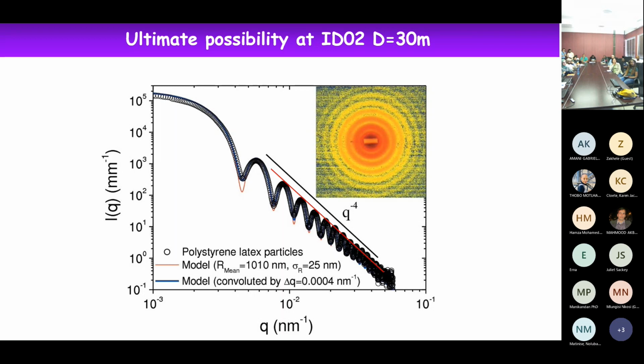And those fringes are typical of particles having an average radius of about 1 micrometer. So 2 micrometers in diameter. So you can evidence particles having a total diameter of 2 micrometers at this beamline. Very difficult to be able to do that in other SAXS setups. Okay.